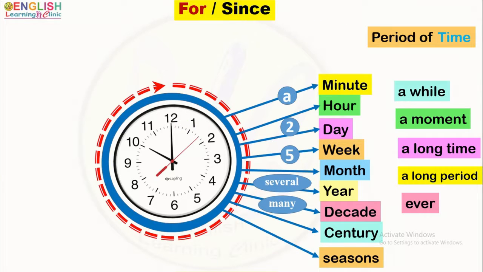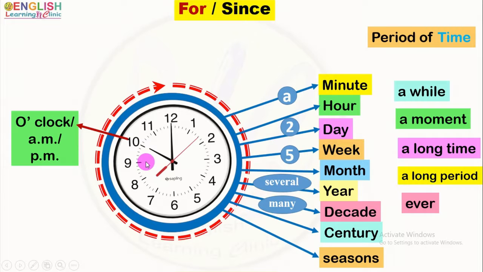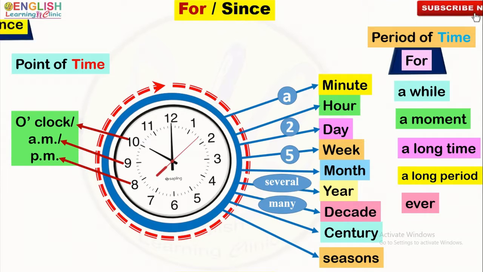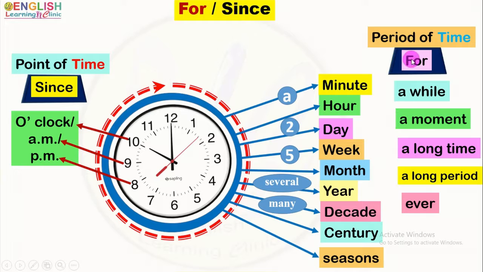For example, I have been reading since 10 o'clock, since 9 a.m., since 8 p.m. These are points of time. As you have already learned, for point of time, since is used, and for period of time, for is used. Now we will learn in detail more time expressions indicating point of time.